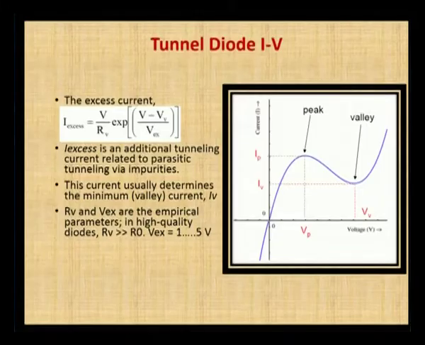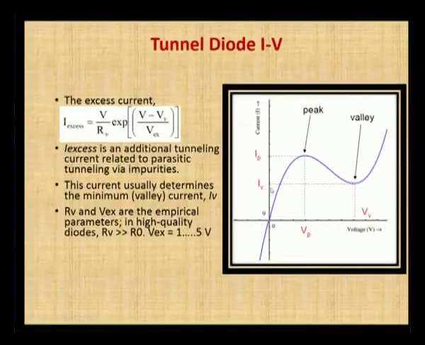Welcome back. Let us see what the expression for excess current is. The excess current is expressed as V by R V exponential of V minus V V divided by V EX. Here I XS is an additional tunneling current related to parasitic tunneling via impurities. Due to the impurities that are added, there is a parasitic tunneling, and due to that we get this excess current.